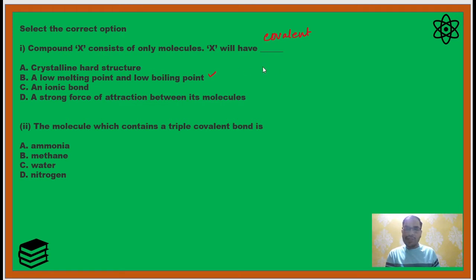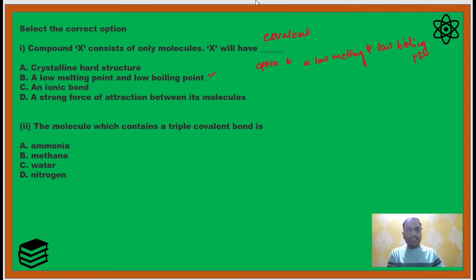While answering in your answer script, you need to mark option B plus the given statement along with it, that is low melting point and low boiling point. Okay, so now let's go to the next question.